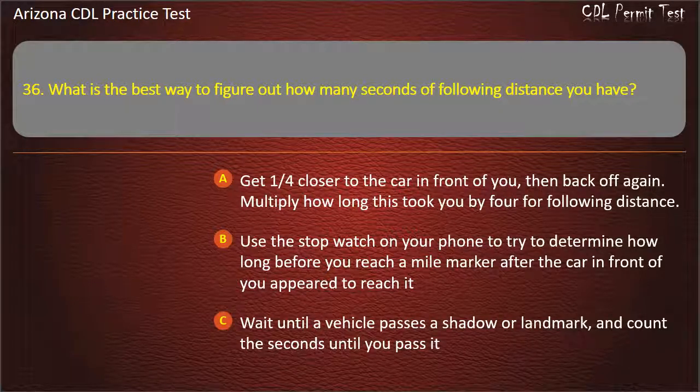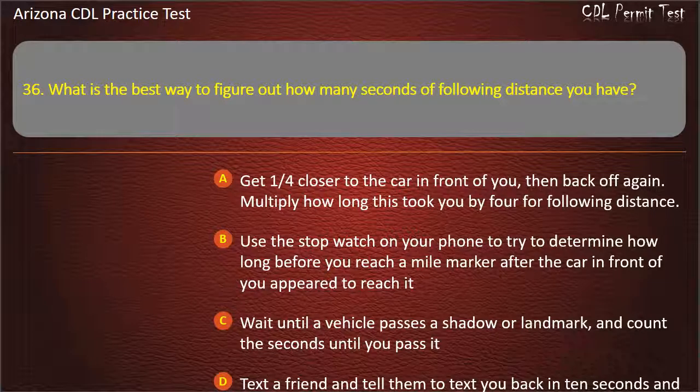Wait until a vehicle passes a shadow or landmark, and count the seconds until you pass it. Text a friend and tell them to text you back in 10 seconds and see how long that seemed to take compared to how far you traveled. Answer. Wait until a vehicle passes a shadow or landmark, and count the seconds until you pass it.